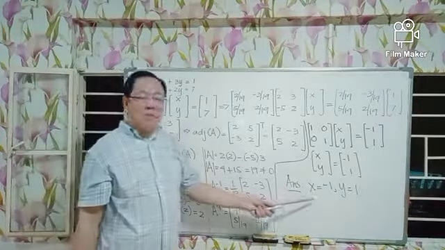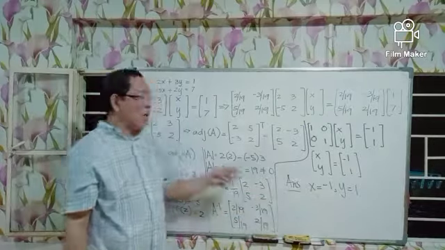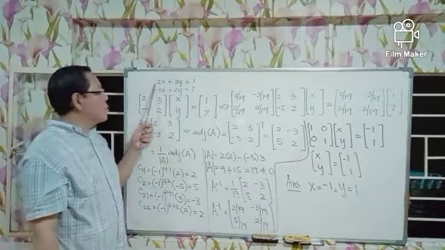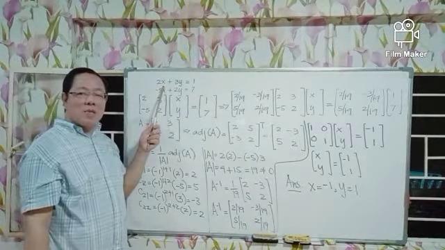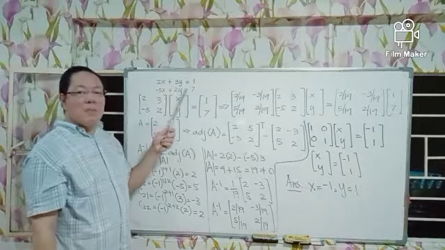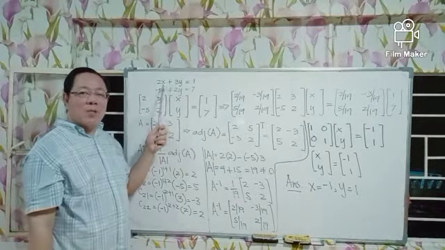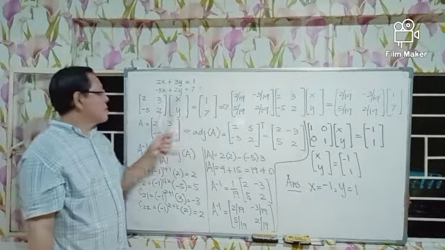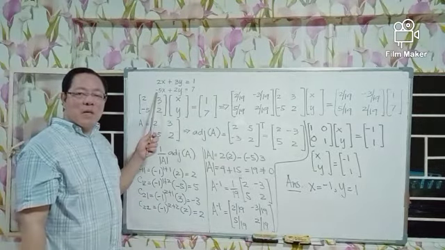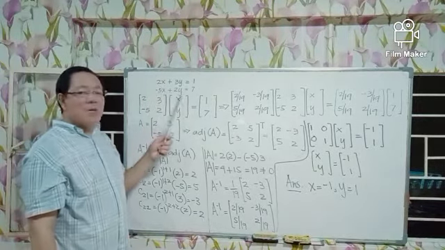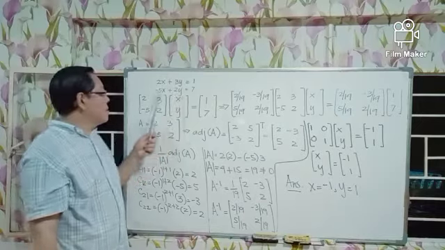We check by substituting the values of x and y into each equation. 2 multiplied by negative 1 is negative 2, plus 3 multiplied by 1 is 3. Minus 2 plus 3 is 1. In the second equation, we replace x with negative 1 and we replace y with positive 1.